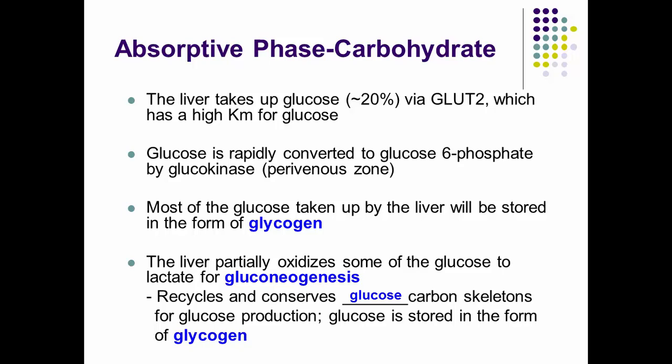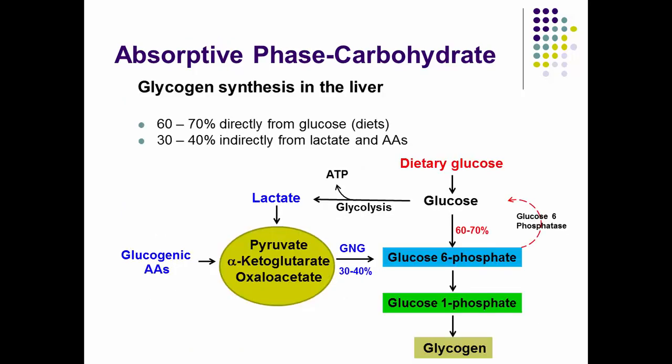So again, the main purpose of the major pathways of glucose metabolism once glucose has entered the liver is to synthesize glycogen. The glycogen synthesis pathway is very active in the fed condition, converting glucose to glycogen and storing it.